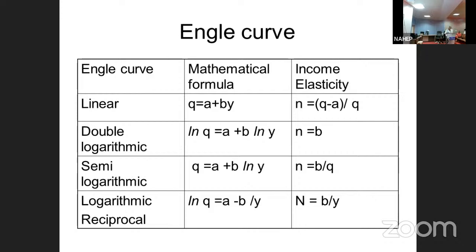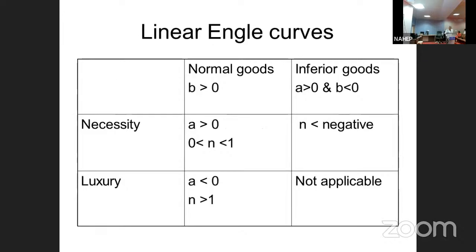So mostly students are using double logarithm, so you get a direct elasticity, and with semi-logarithm you get it as well. Similarly, you get the Engel function in the linear form. Income elasticity ranging between 0 to 1, we say they are necessary goods, and above that luxury goods.